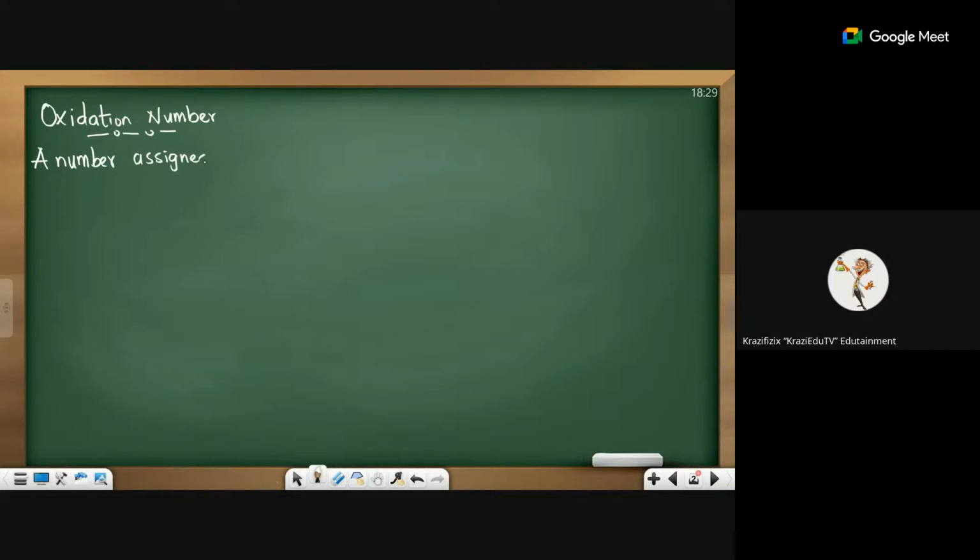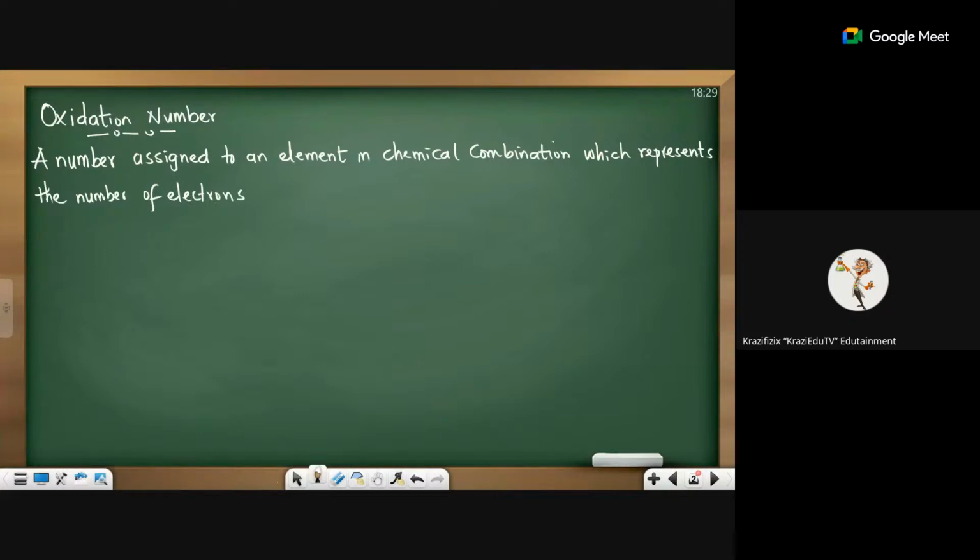It is a number that is assigned to an element in chemical combination, which represents the number of electrons that is lost or gained.